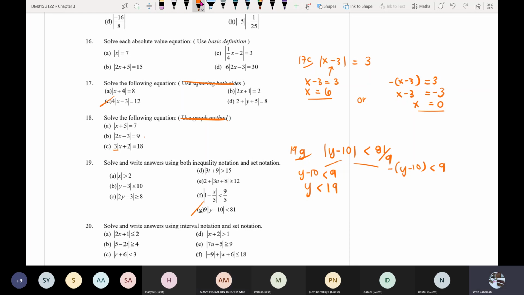Ini sama ada you nak darab siap-siap, jadikan dia y minus 10 greater than negative 9 pun boleh. So dapatlah 1. Ataupun student tu dia nak expand: negative y plus 10 less than 9, negative y less than 9 minus 10, negative 1. Sama juga multiply with negative ataupun divide with negative 1. Nak get rid of negative ni, dia change sign pun dapat jawapan yang sama.